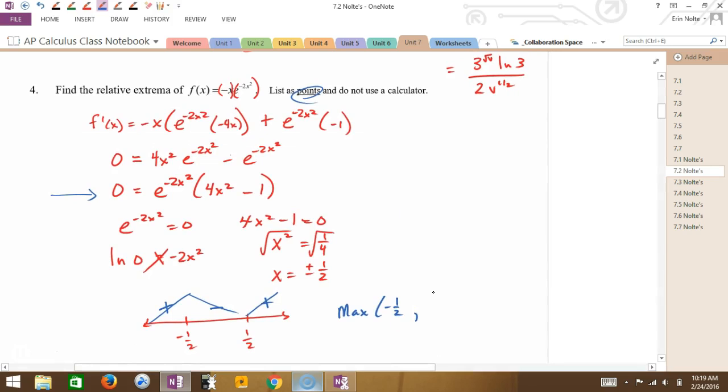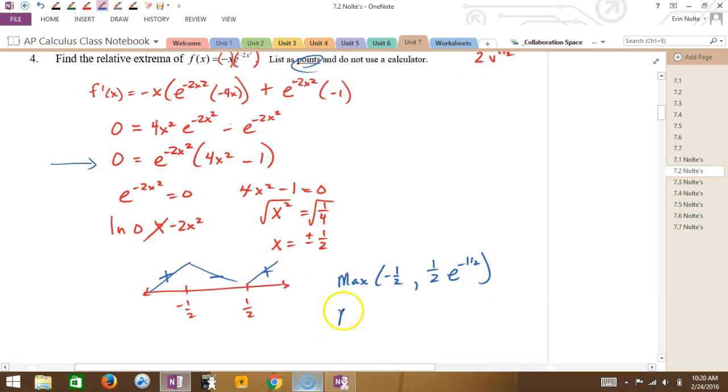So if I plug it into the x, I have -1/2, so it'll be 1/2. Yep, go back to the original. And then if I plug 1/2 into the exponent, that's 1/4 times -2, so -1/2. E to the -1/2. I'm going to leave it like that.